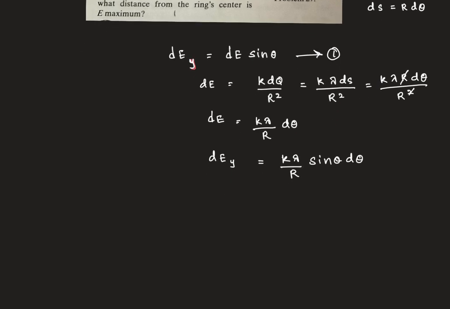And then you can take the integration on both sides, and there you have Ey, and we can take the integration from 0 to pi, and that will give us k lambda over r, sine theta becomes negative cosine theta, going from 0 to pi.